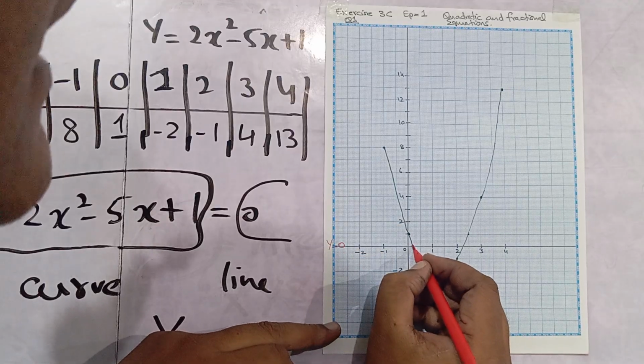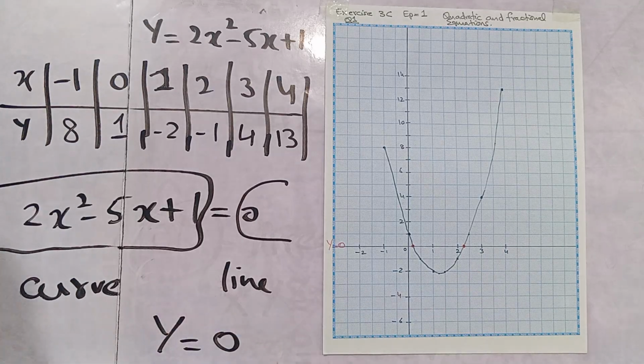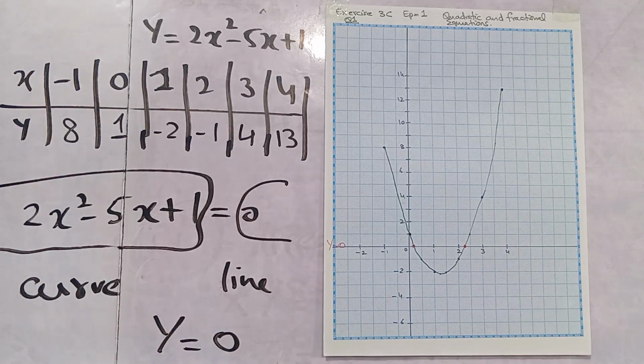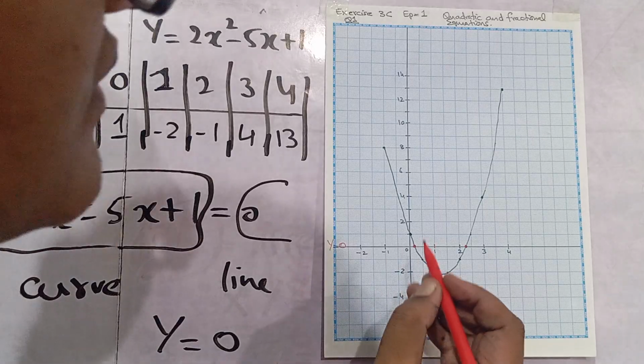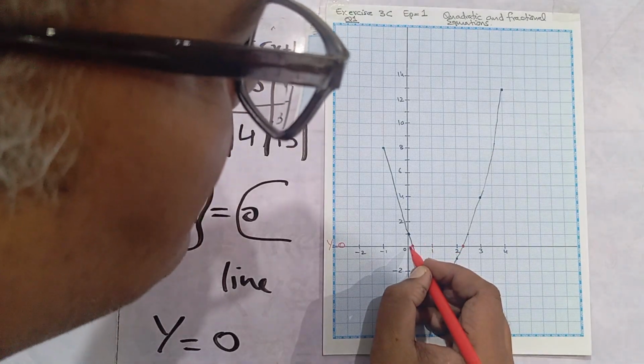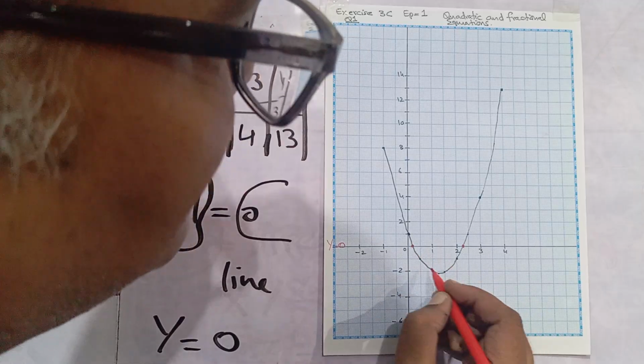Wherever your graph cuts it, you have to check the value of x there. Here you see what is the value of x. The value of x here is maybe 0.1, 0.2. It's 0.15.